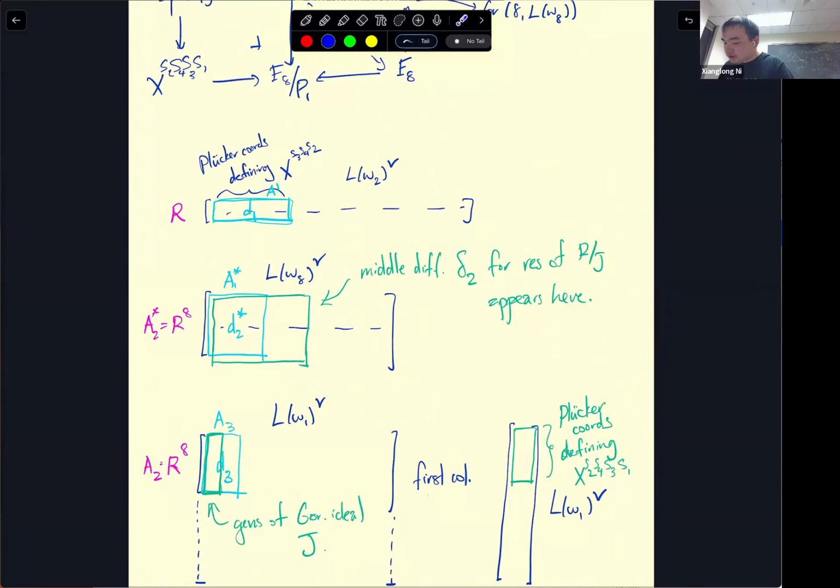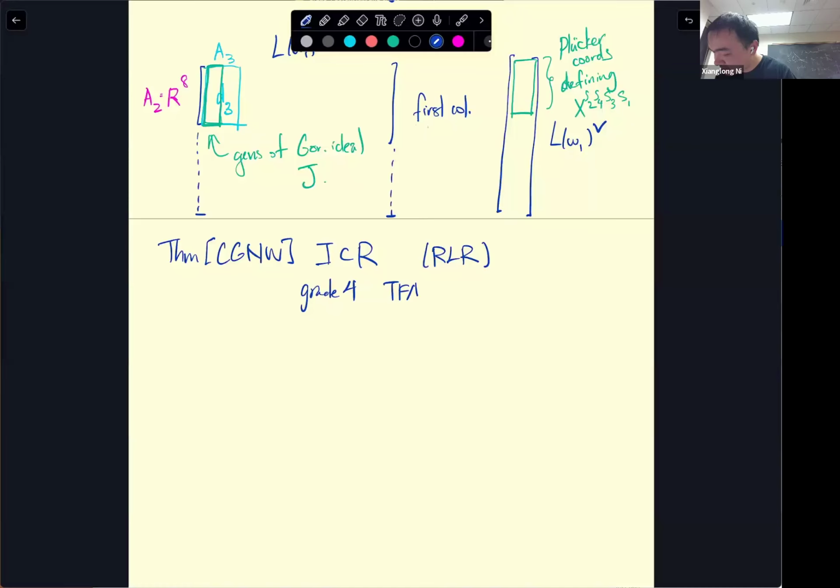Okay, but I'll just end by stating the theorem. I've basically sketched a proof of it now. So the theorem is that if R is a regular local ring and I is grade 4, then the following are equivalent.